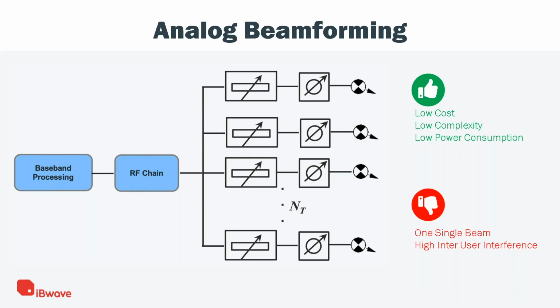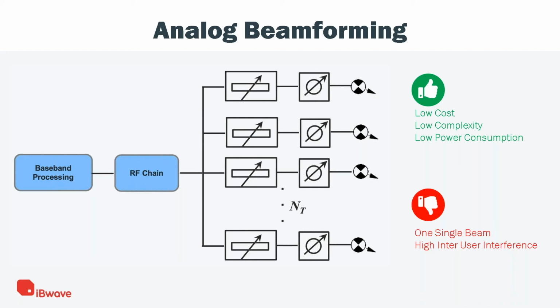For instance, the RF chain should include the digital to analog converters, the up converters, the amplifier, and the filters. One RF chain's signal is split between different antenna elements, and for each antenna element, we can apply phase shifters and amplitude attenuators to get the desired radiation pattern.